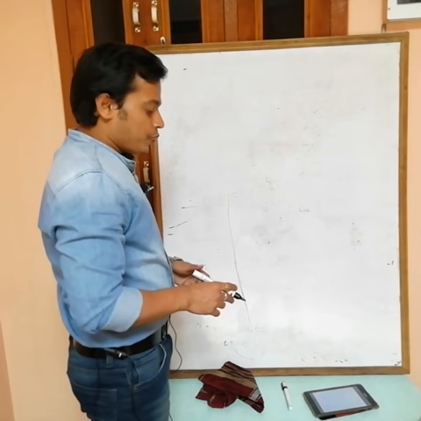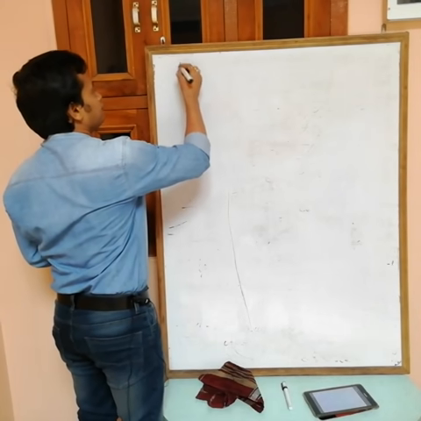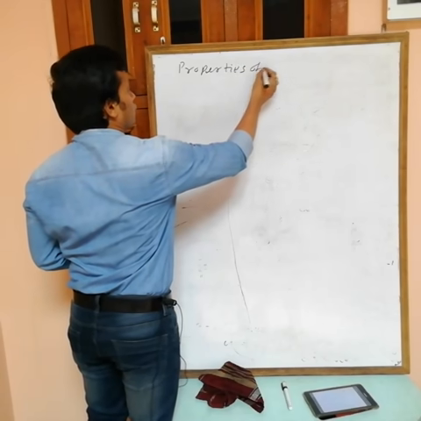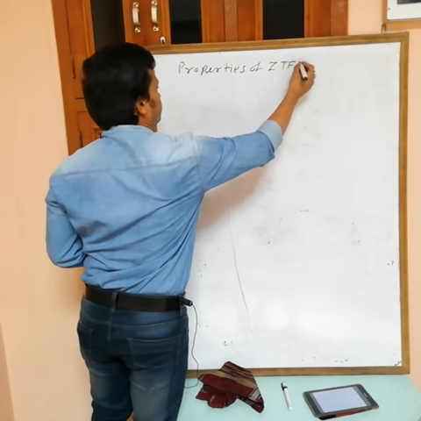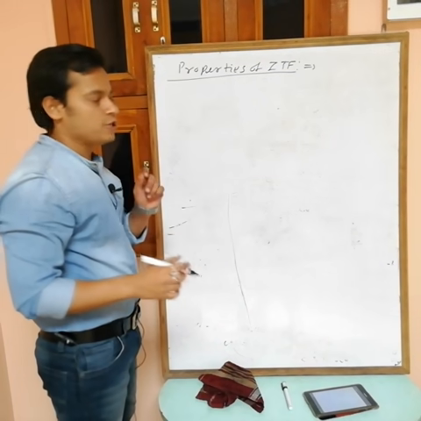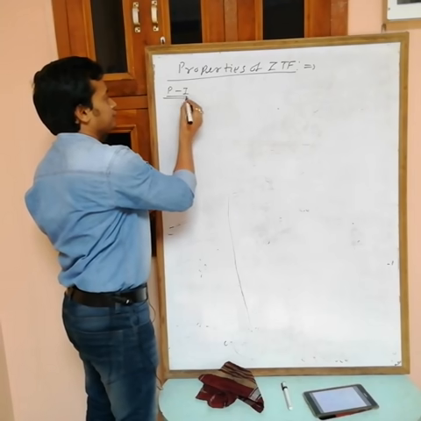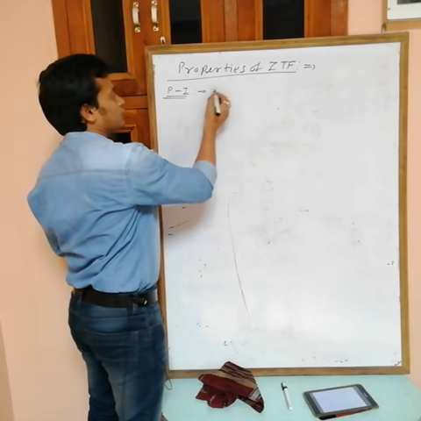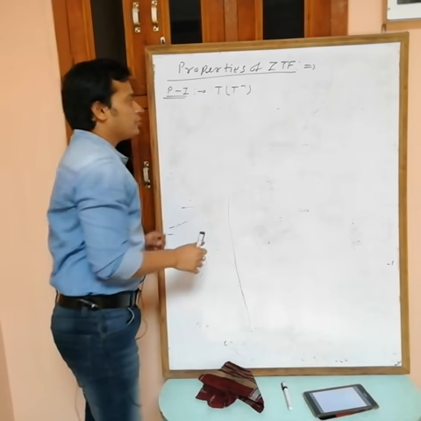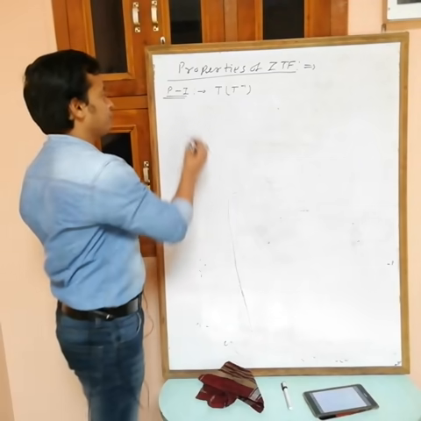Now next is properties of ITF. Okay, what do we have? Properties of ITF. First property, T of T inverse. It means trigonometric of inverse trigonometric function.